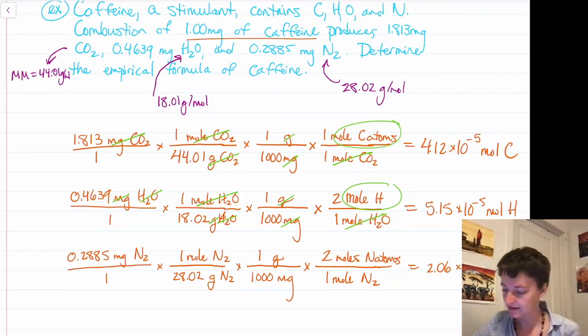That tells us that whatever grams are not accounted for by the fact that we know how many moles of hydrogen, carbon, and nitrogen are present, we can convert that back to grams. Whatever we didn't take care of, whatever is lacking in that 1 milligram, must be due to oxygen atoms. And if we can figure out how many grams of oxygen are present, we can also figure out how many moles of oxygen are present.